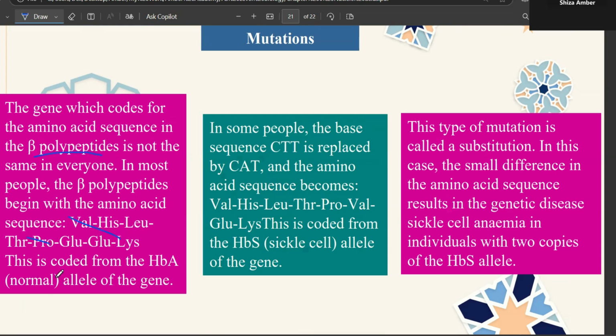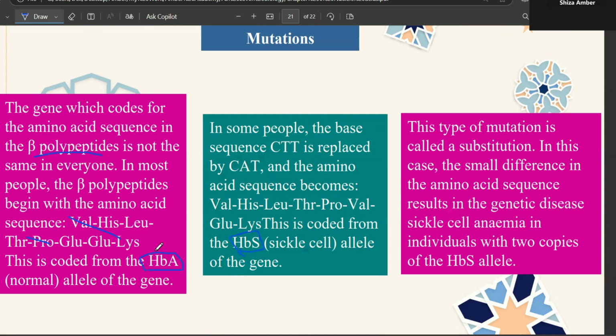Remember the fact that a normal allele for hemoglobin is HbA. Okay, this is the normal allele of your hemoglobin, HbA. But in the mutation case of sickle cell anemia, HbA becomes HbS. So HbS is now the sickle cell allele of the gene.